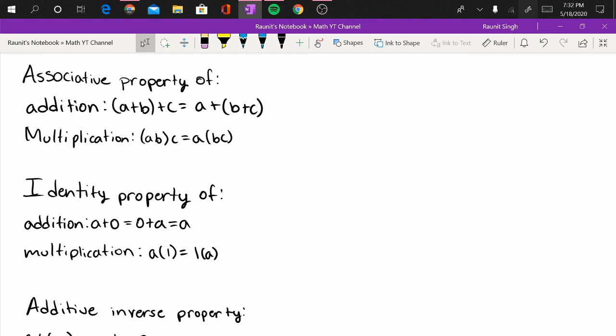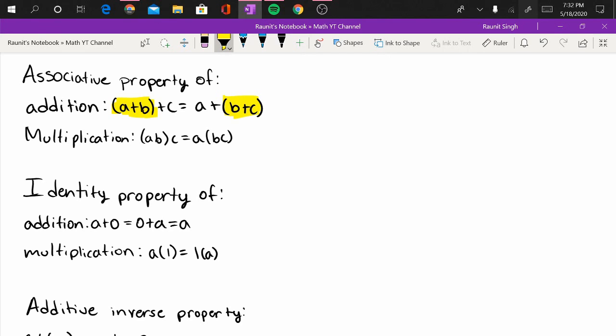So our next property is the associative property. For addition, we have (a plus b) plus c is equal to a plus (b plus c). So notice how it went from a plus b in the parentheses to b plus c.